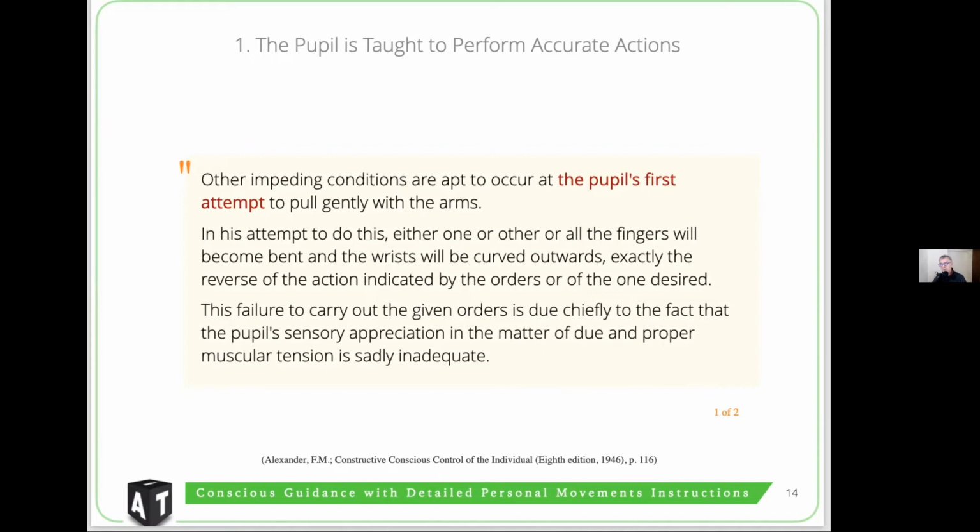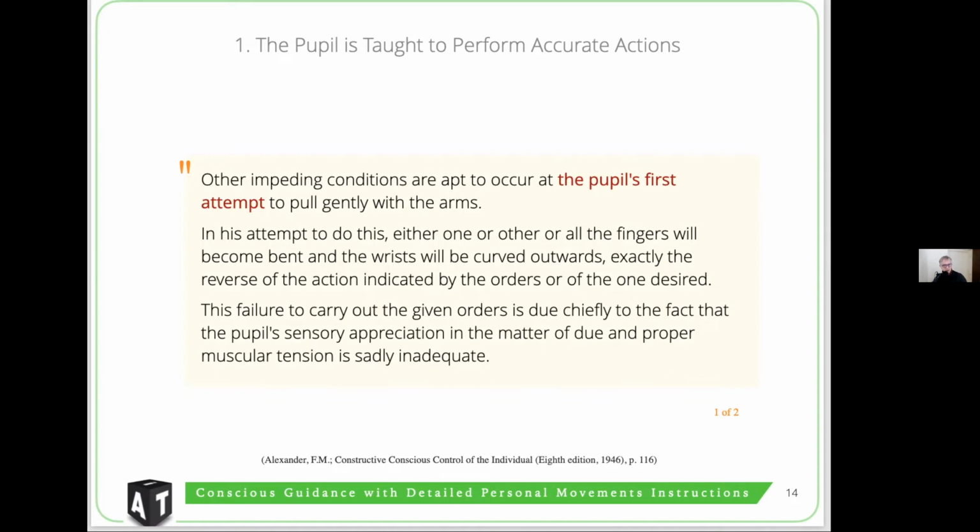In the initial Alexander technique and in the technique as I teach it, of course, I'm always requesting the pupil to perform a series of complex actions, and we are evaluating the results. So here we see that the pupil has to attempt to pull gently with the arms.